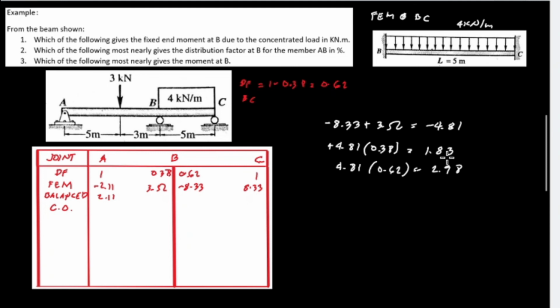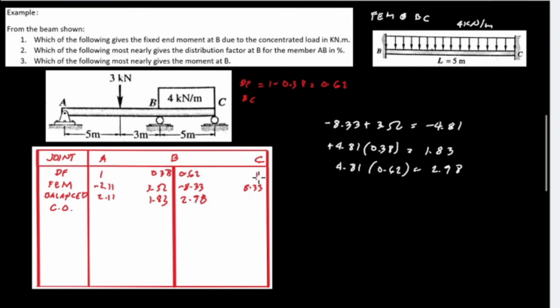If we add up 1.83 and 2.98, the total should be 4.81, and equate that in order for us to balance the equation. So the value for BA, that's 1.83, and it's positive. So we will put 1.83, and for BC, that's 2.98, and that's positive.